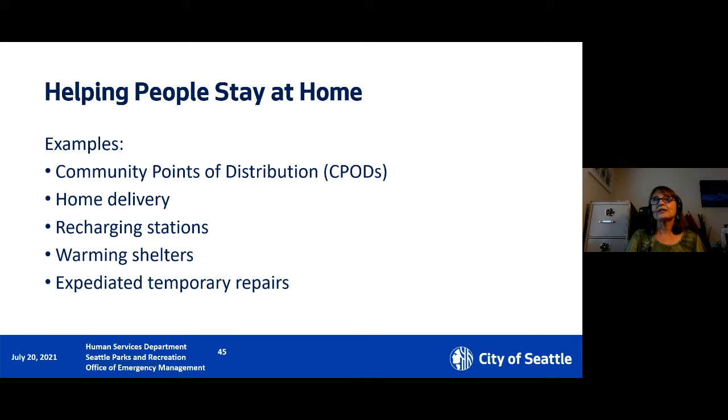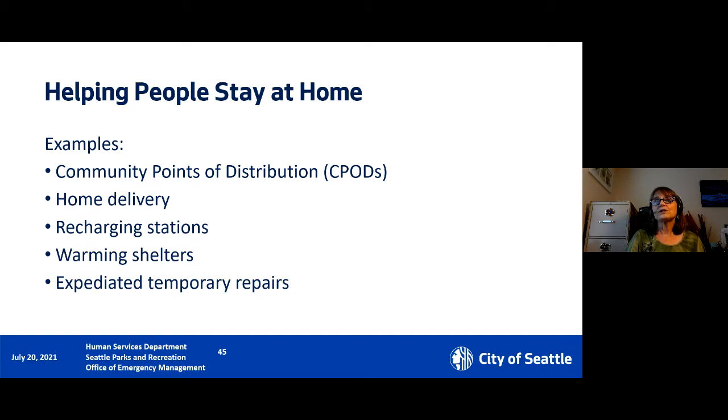People may have already experienced support that they needed to stay at home. As mentioned during other incidences, there can also be any number of strategies to help people, some of which the city may help provide. So some examples are opening community points of distribution, or CPODs. These are sites for community mass distribution of basic supplies such as water and meals ready to eat, or MREs.